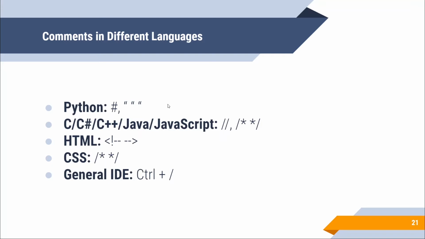HTML looks a bit weirder, but it's just how the language works, and CSS is slash star for single line and multi-line. Or if you are using a general IDE, you can just do control slash to comment your code. That's just a keyboard shortcut to help.